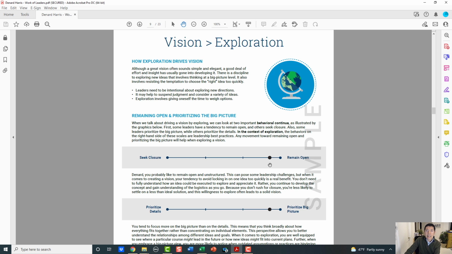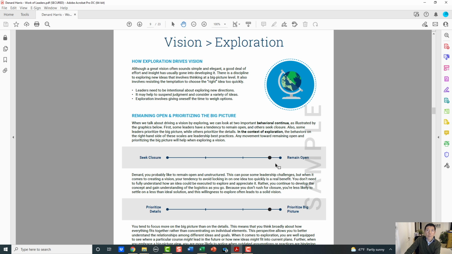You can see, again, by the black dot, where the leader stands on this continuum of remaining open versus seeking closure. We believe that when you're still exploring the idea of creating a vision, you should remain open at the outset, and you should prioritize the big picture at the beginning. And so we consider that this actually is where we want the leader to be.